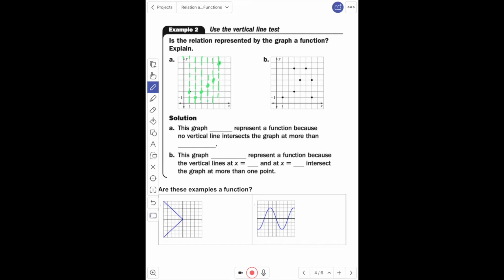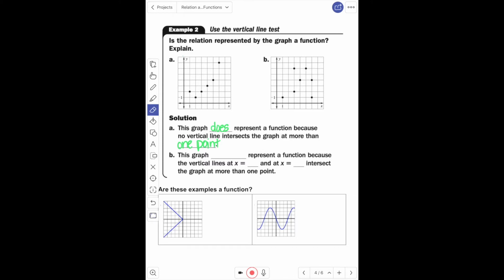So for this particular example, we can say that this graph does represent a function because no vertical line intersects the graph at more than one point. If I were to draw a vertical line over this whole problem, which I did, it will never hit more than one point.